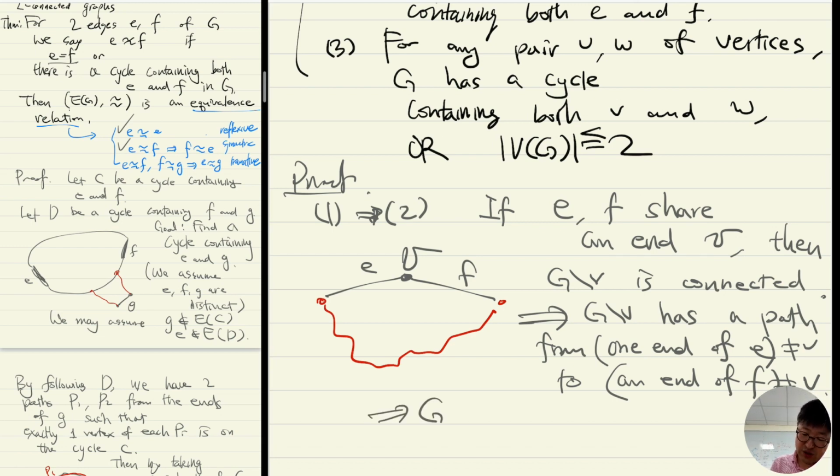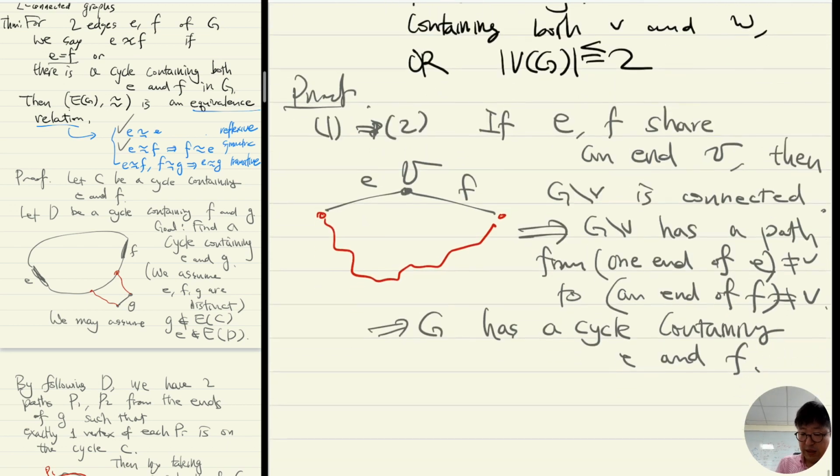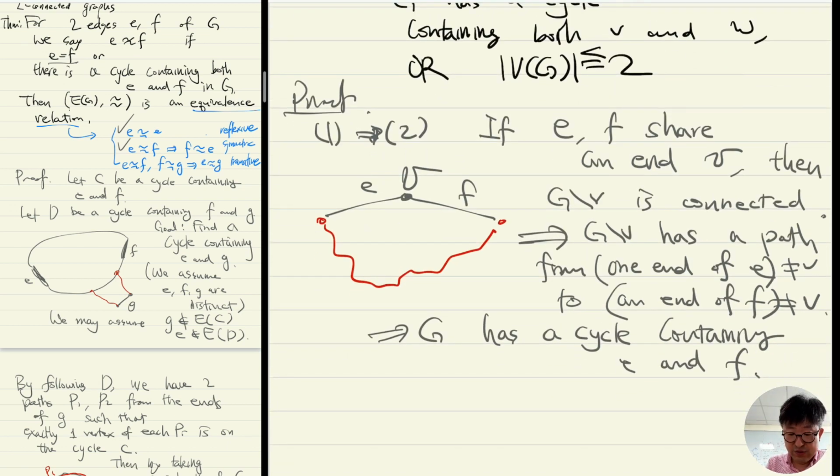So that means G has a cycle containing E and F. And both E and F are not loops, so this vertex is not equal to V, and this vertex is not equal to V. Therefore, E is equivalent to F whenever they meet.